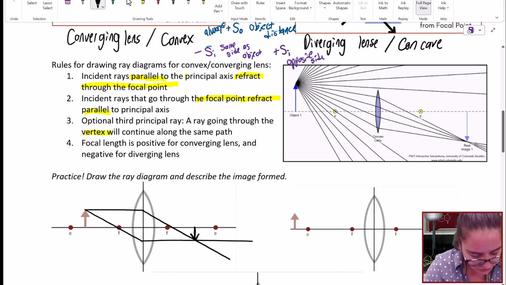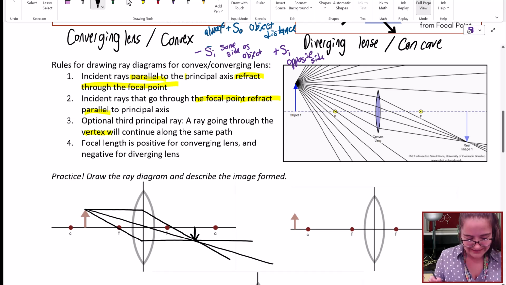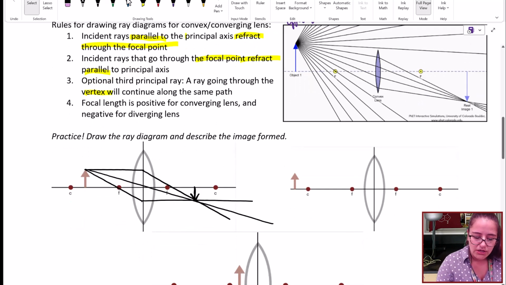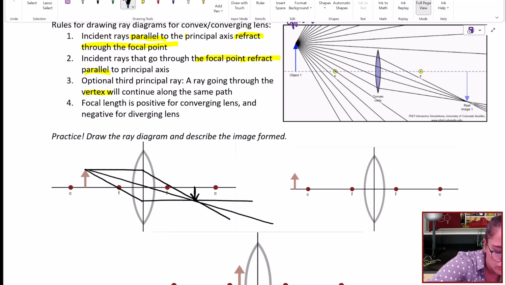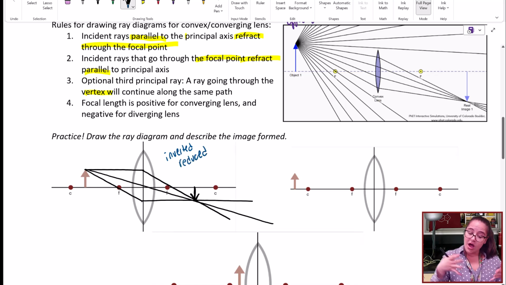And then that optional third ray goes straight through the vertex. So that one would be like that. Now, so we can see for a converging lens, if our object is between F and C, we're going to have an inverted, reduced image. It's formed from converging rays, so it's going to be a real image located between F and C.